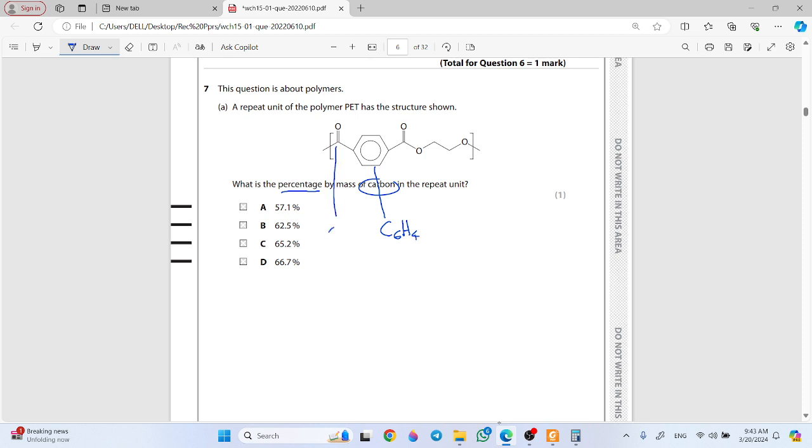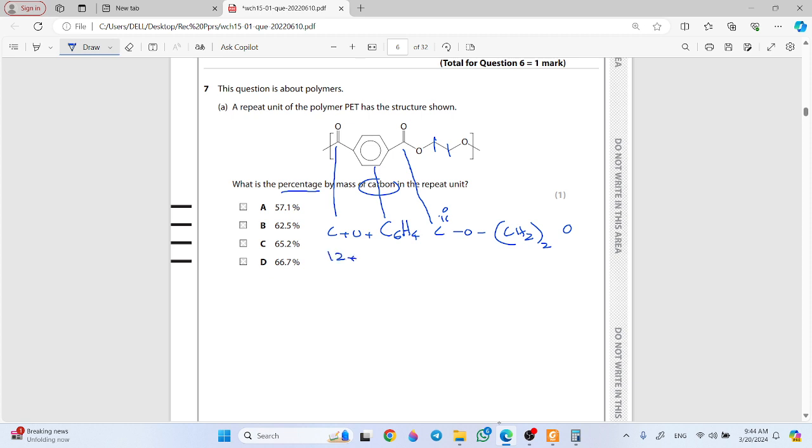This one has carbon and oxygen, right? And this one again carbon and oxygen. Then here CH2, so I have to take CH2 twice and another oxygen. These are the atoms present in the whole molecule.